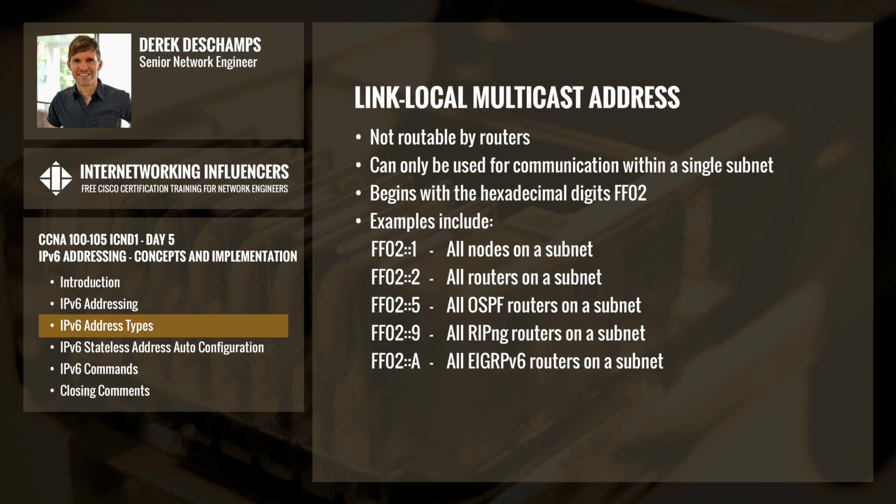FF02::5, which is used to send packets to all OSPF routers on a subnet. FF02::9, which is used to send packets to all RIP-NG routers on a subnet. And FF02::A, which is used to send packets to all EIGRPv6 routers on a subnet.